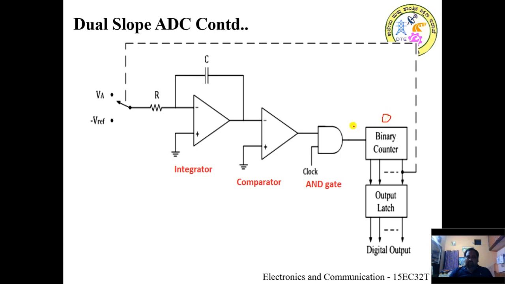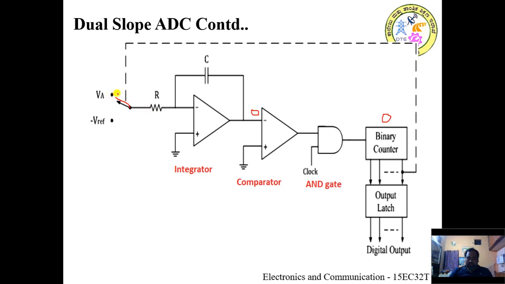The output of the integrator is also reset to 0. The input to the ramp generator, or the integrator, is switched to the unknown analog input voltage first. So here the switch is positioned at VA.